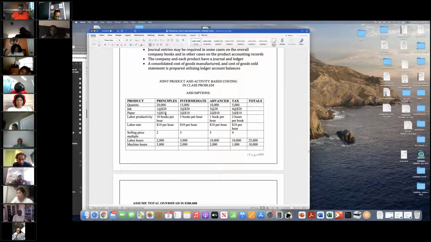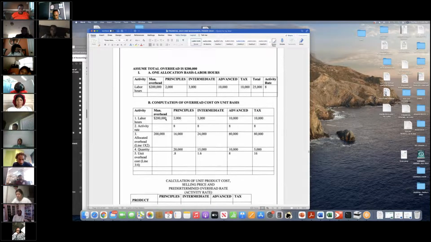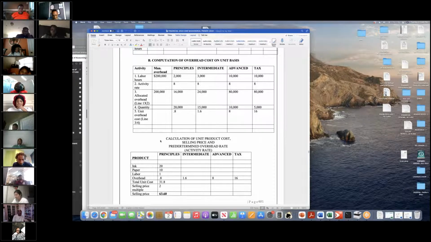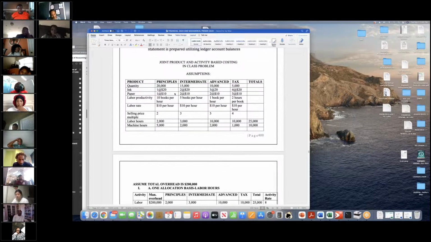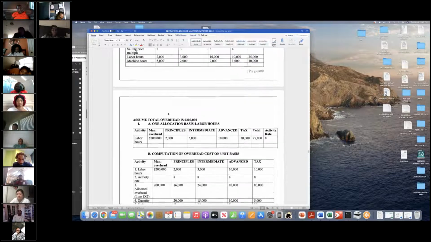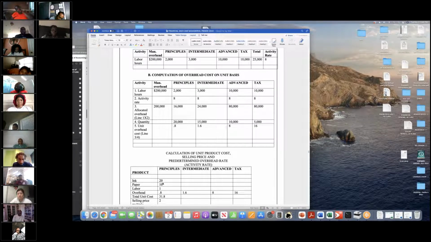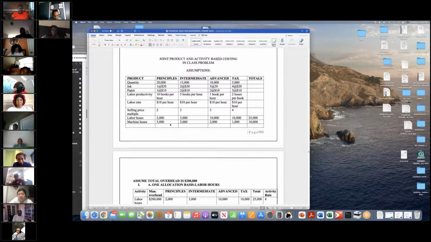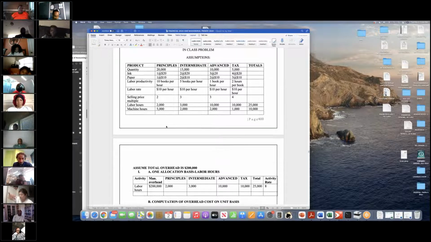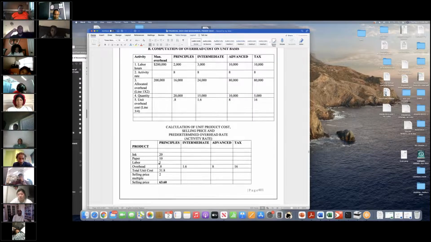So now our next step, okay, what's the unit cost of principles? The ink is 1 at 20. So we have $20. The paper is 1 at 10. So we have $10. The labor, we can make 10 books per hour. The rate is $10 an hour. So it is $1.